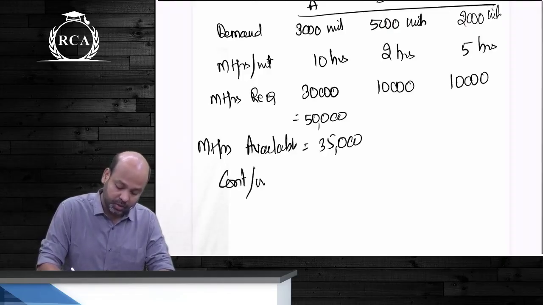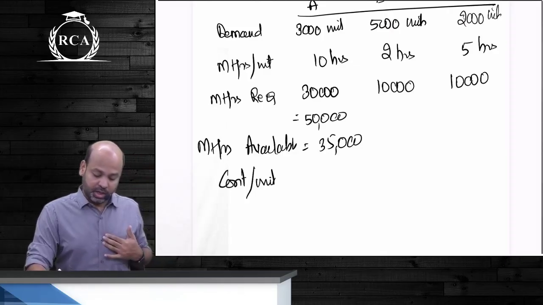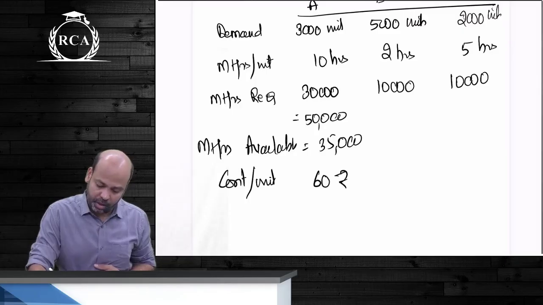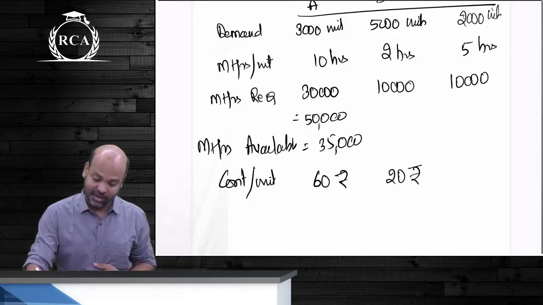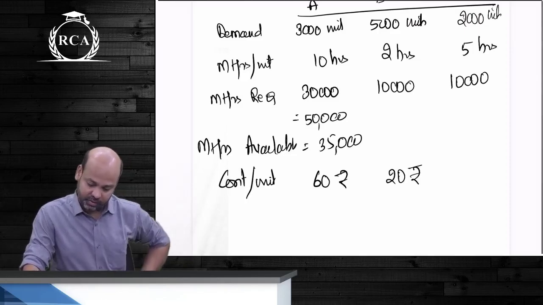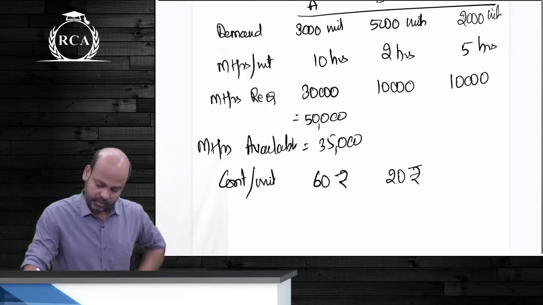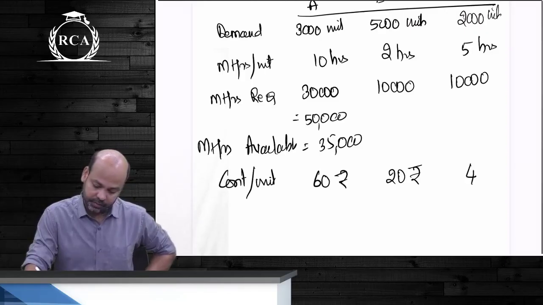Now, if machining is a limiting factor, let us say the amount of contribution you are getting on a per unit basis from product A, guys, is 60 rupees. From product B, 20 rupees, and from product C, let's say it is 45.